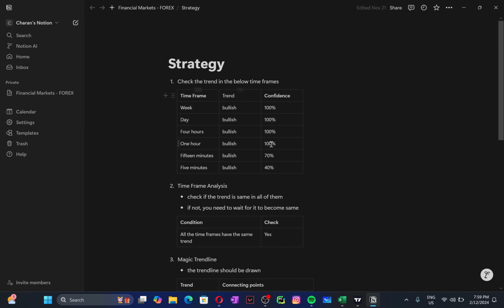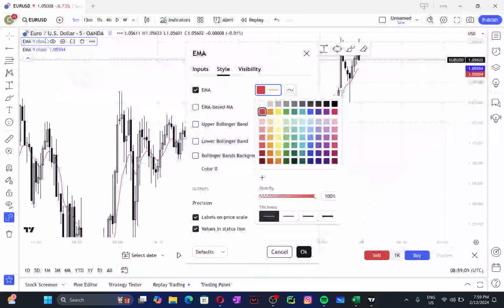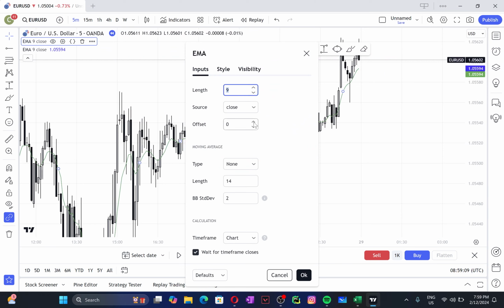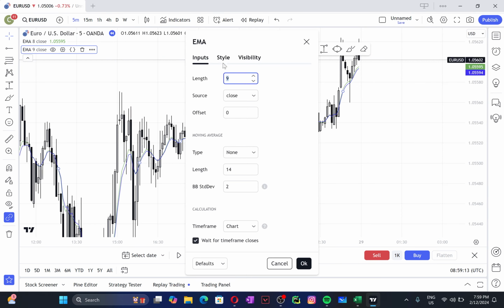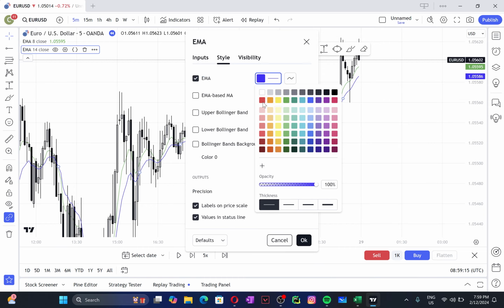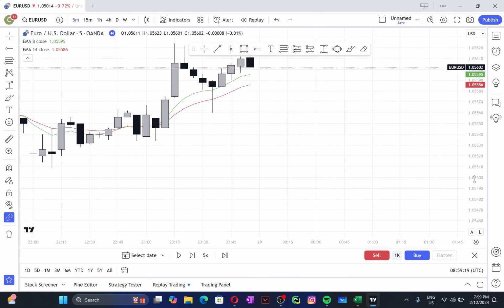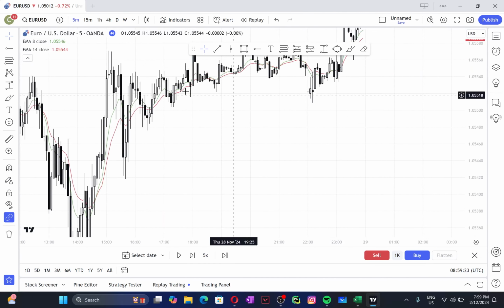Should be, yep. So the 8 is green. Okay, so EMA with the length of 8 is going to be green in color, and the other one with the length of 14 is going to be red in color. Okay, it looks good.